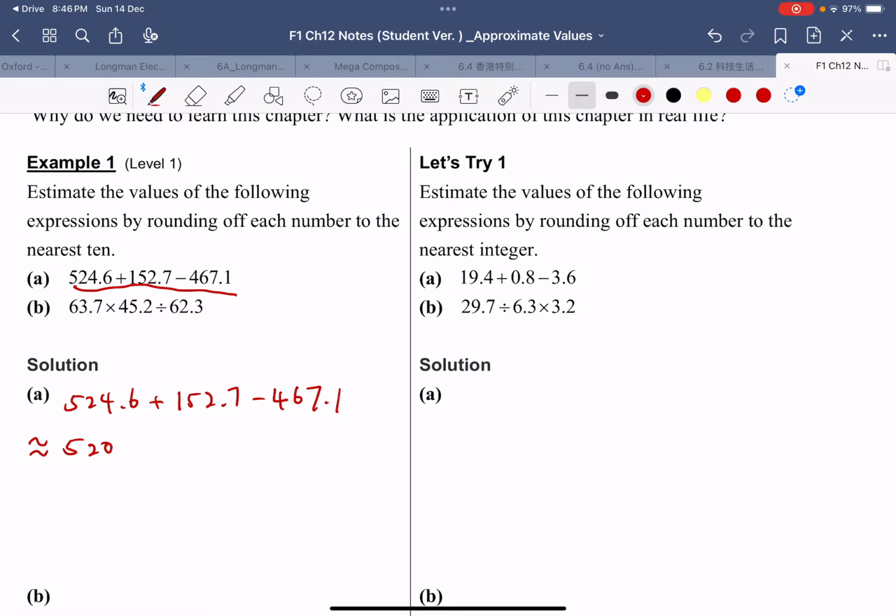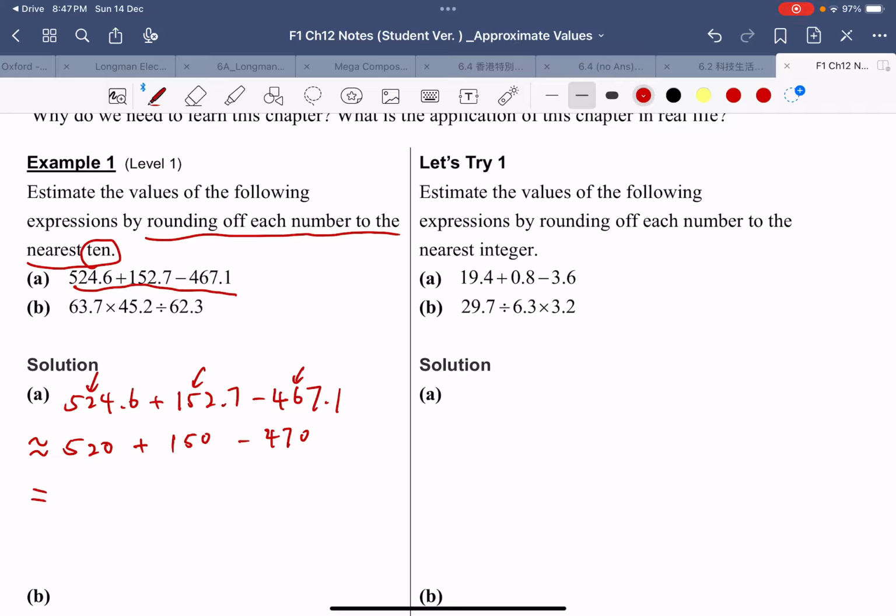Because the question asks you to round off each number to nearest 10, and this place value here is 10. So this goes to this, and this, and this.